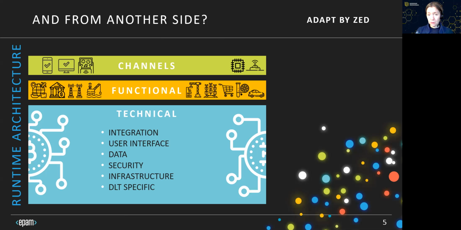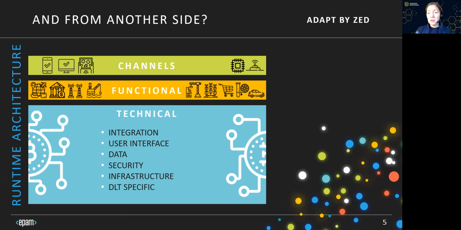First of all, channels. That's how your solution is going to communicate to the external world. That's very similar to the presentation layer. It speaks about whether you are going to use a web interface or a mobile interface.